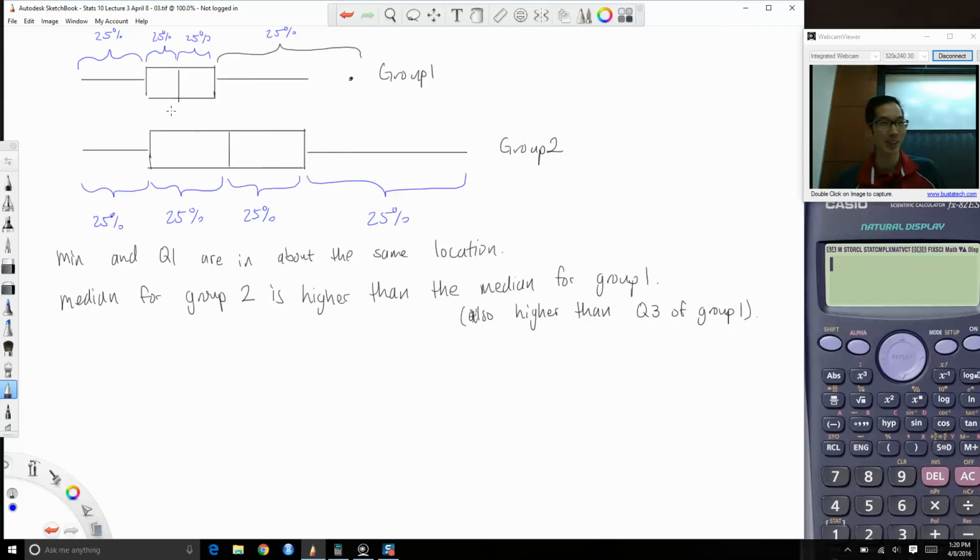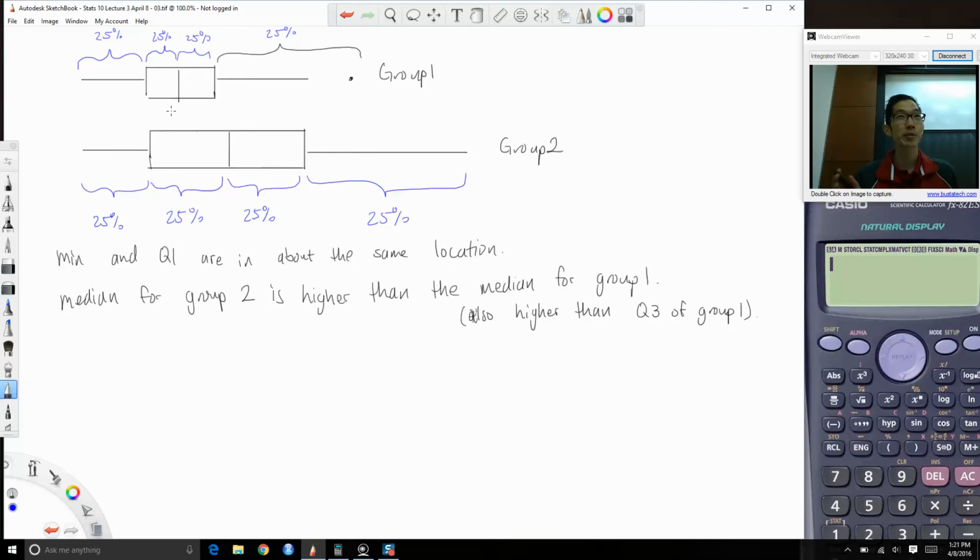It's good enough for most purposes. But yes, there are formal methods. The upper fence and lower fence is a good method, all right?